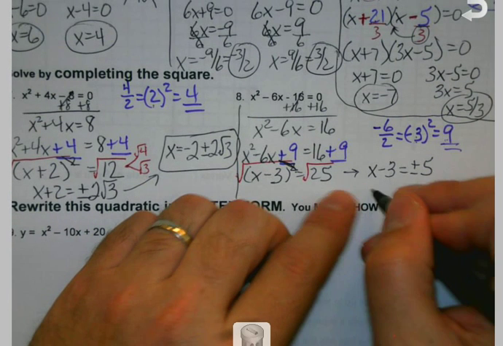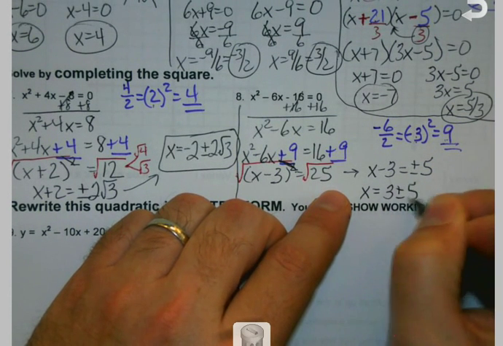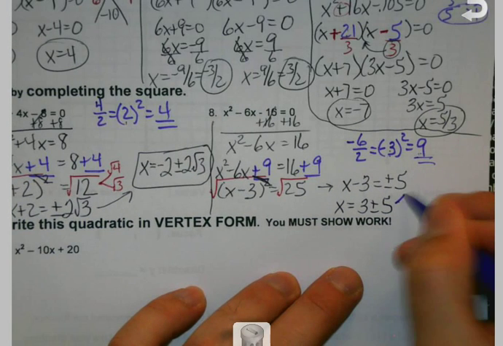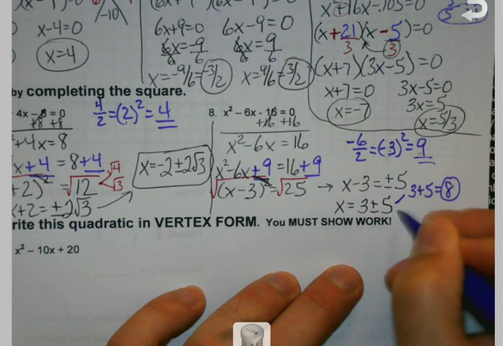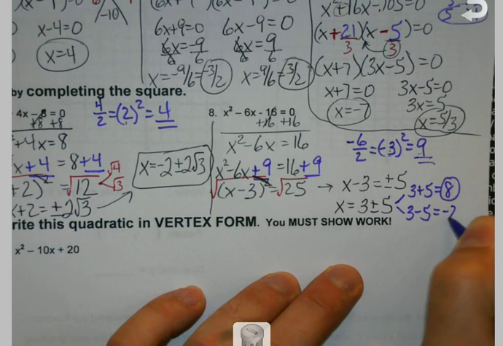And so now when I add my 3 over, and here's our exception to where we can actually split, kind of divide and conquer, I guess. Since there's not a radical there, I can put things together. I can look at this and go, ooh, 3 plus 5 is 8. Ooh, 3 minus 5 is -2.